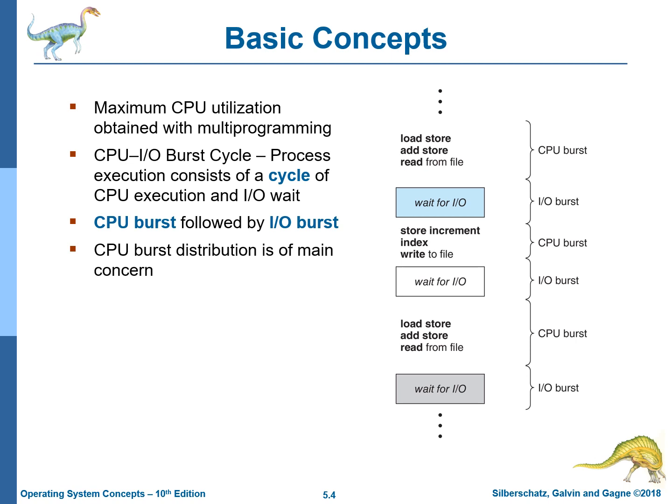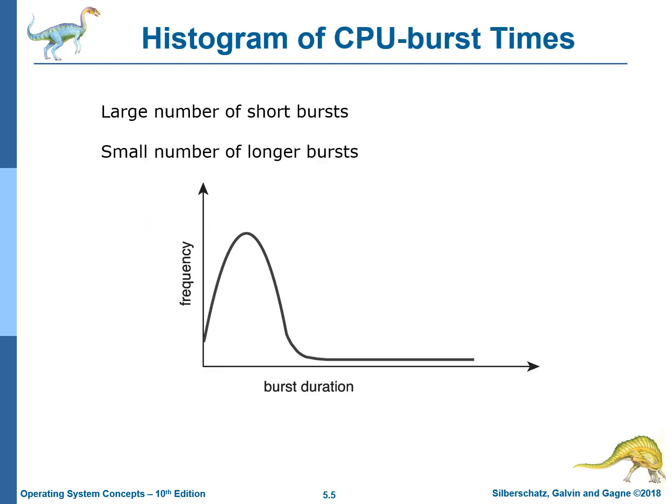Process execution consists of a cycle of CPU and input-output wait. Also, a CPU burst is followed by an input-output burst. The CPU burst distribution is of main concern. The figure below shows a histogram of CPU burst times.